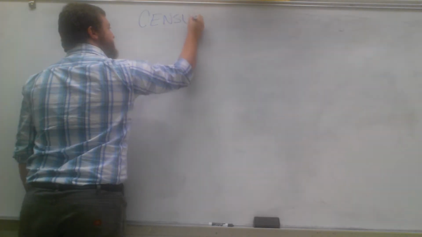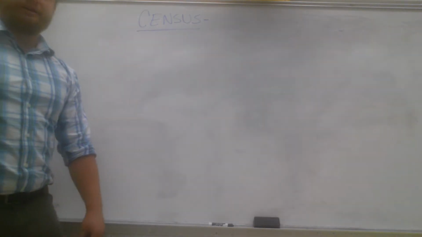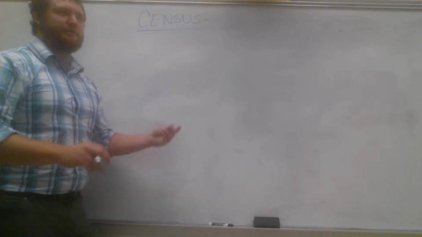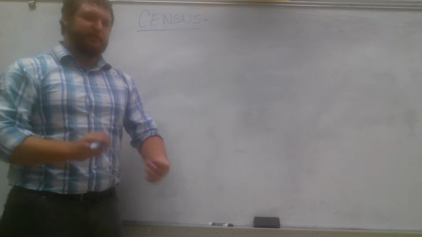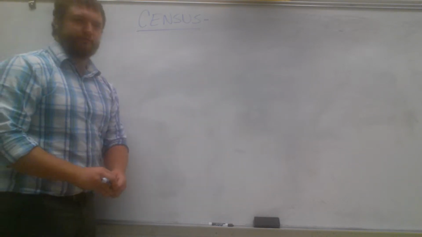Okay? So we're gathering data. We're using the census format. Okay? When we take a census in our country, in which you count how many people there are and all the demographic stuff about them, how many people do we count?